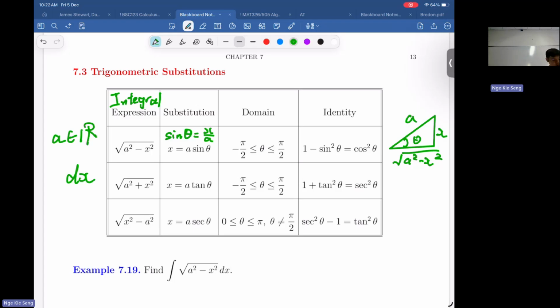Okay, so can you do the same for x equals a tangent theta? Try and draw your triangle. What's the triangle of this? And then what's the triangle of secant theta? Let's try and draw these two triangles.